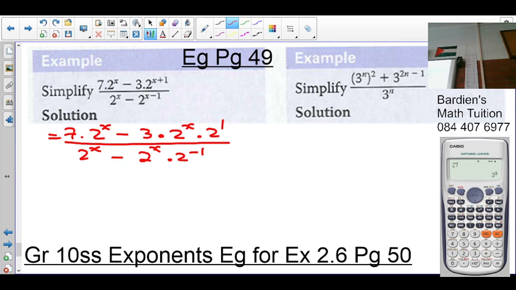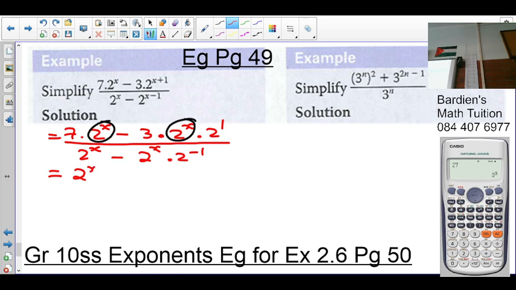What do you notice now? Okay, so what do we get as a common factor on top? 2 to the x.